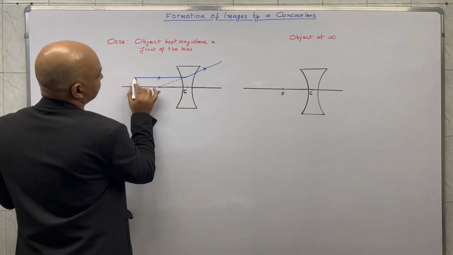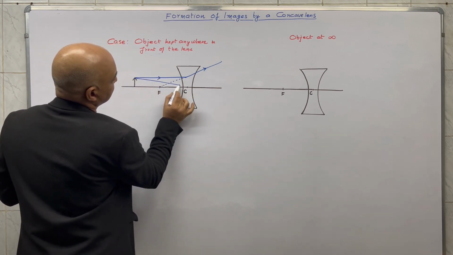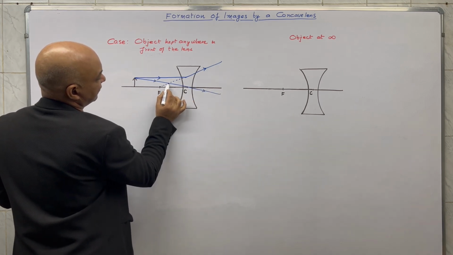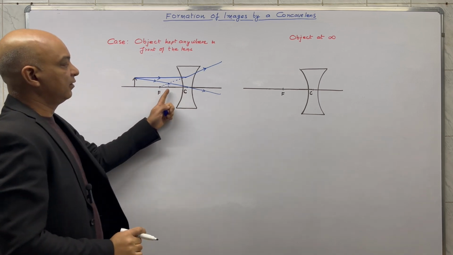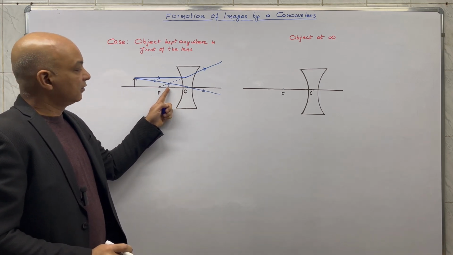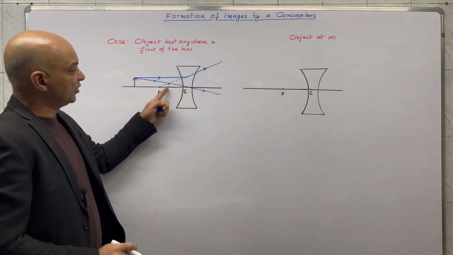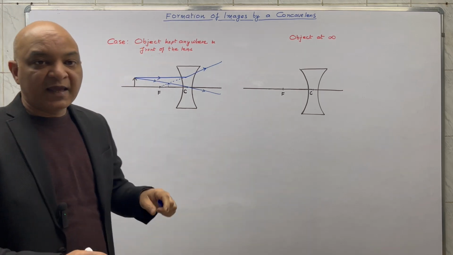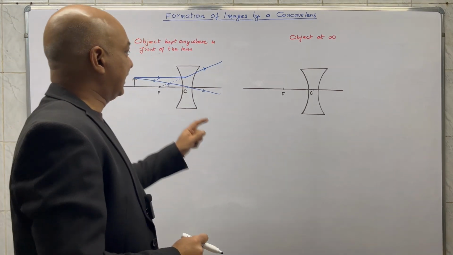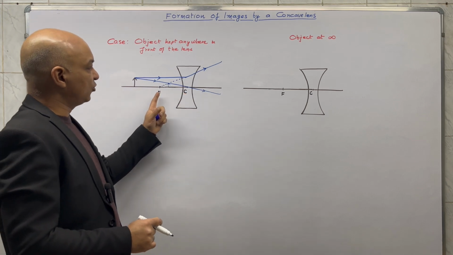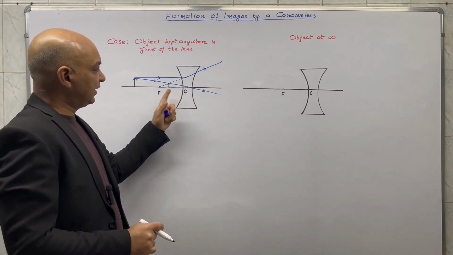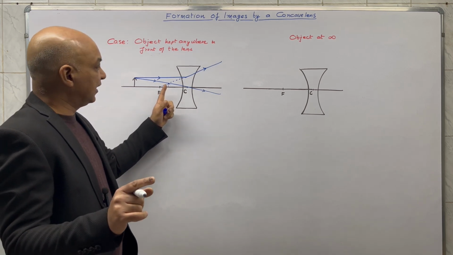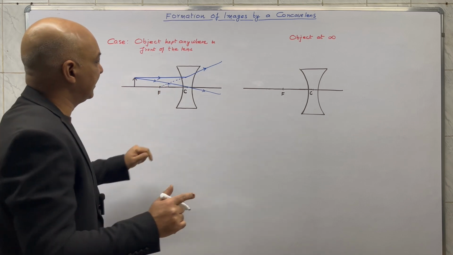and another ray passing through optical center will go undeviated, and here the diminished image of this object is going to be formed, that is between C and F. So if you keep the object anywhere in front of the concave lens, the image is always going to be formed between the optical center and the focus, and it will be always diminished, virtual and erect.